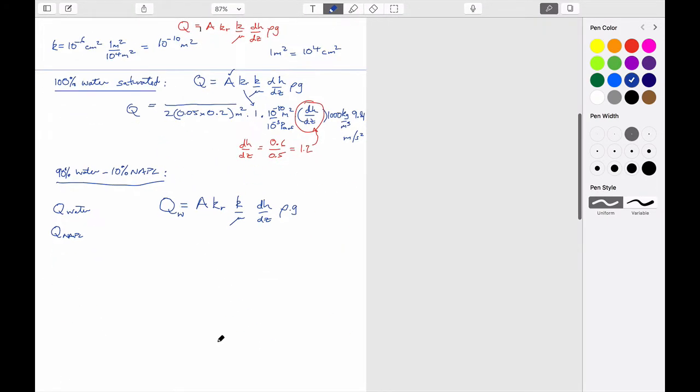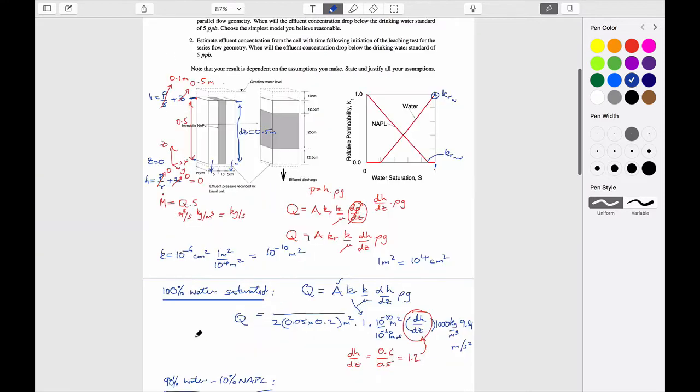What would we expect the flow rate of the NAPL to be through this? We know that we're at a saturation of 90% water and 10% NAPL. We know the relative permeability of this NAPL is 0. It means it's disconnected.